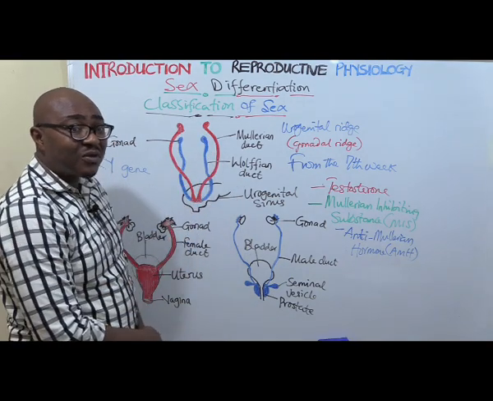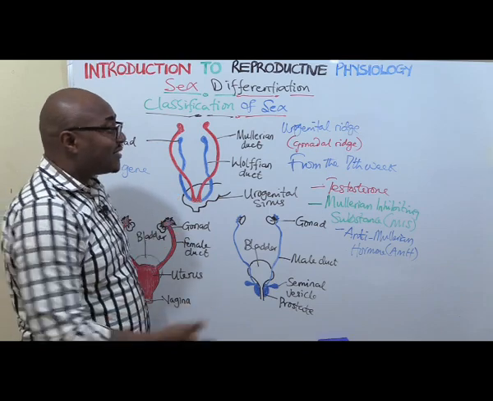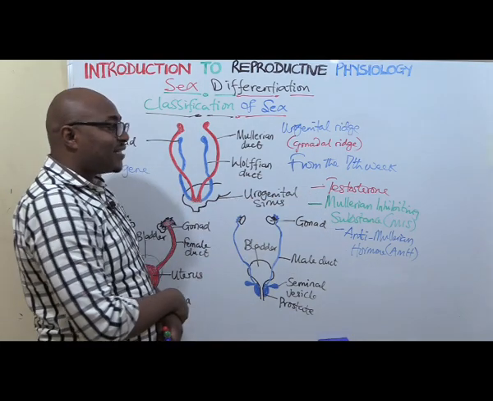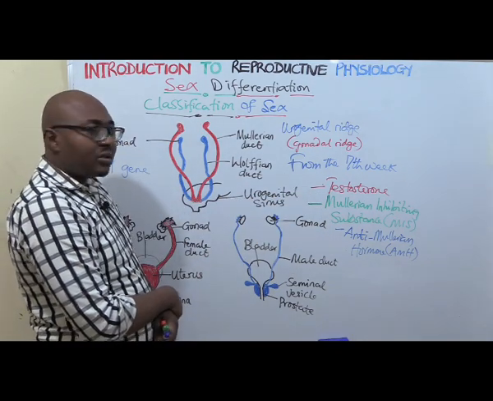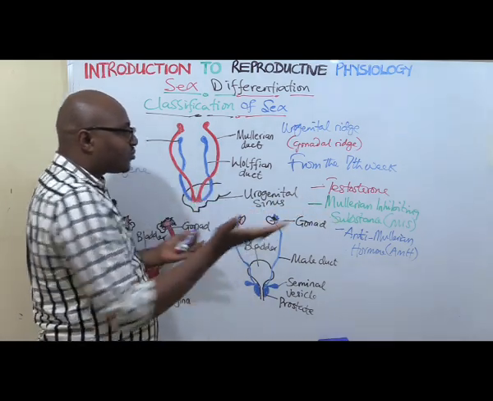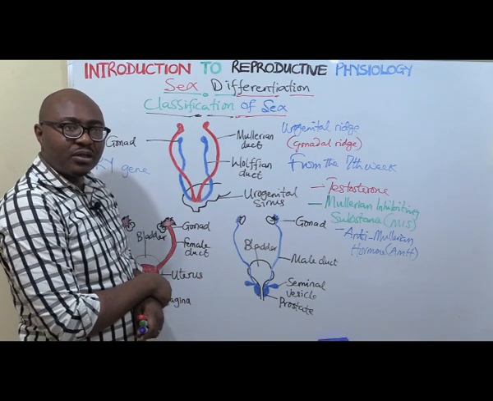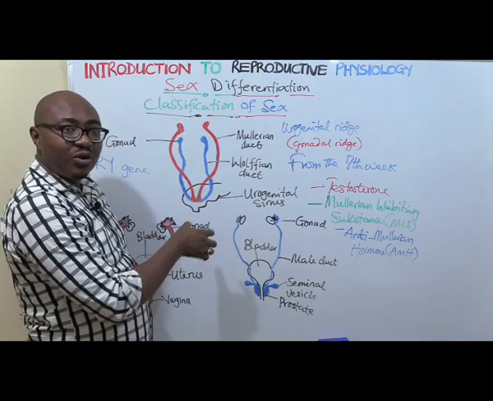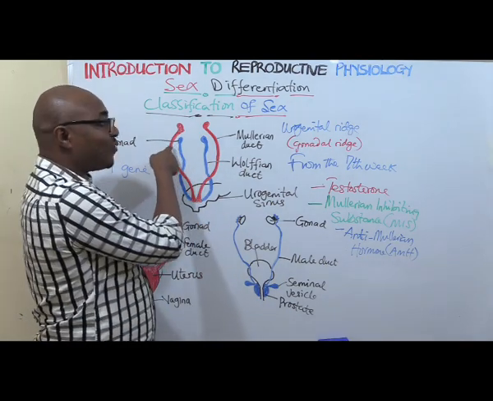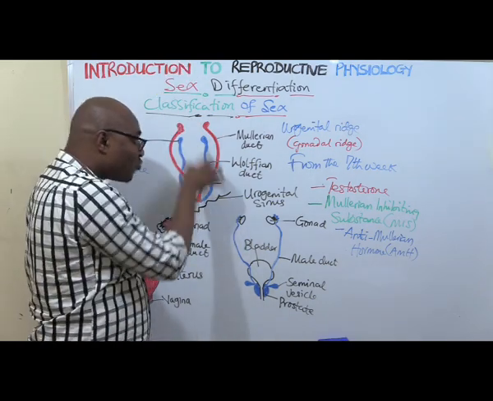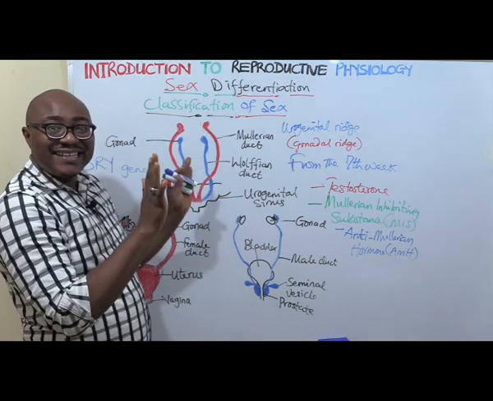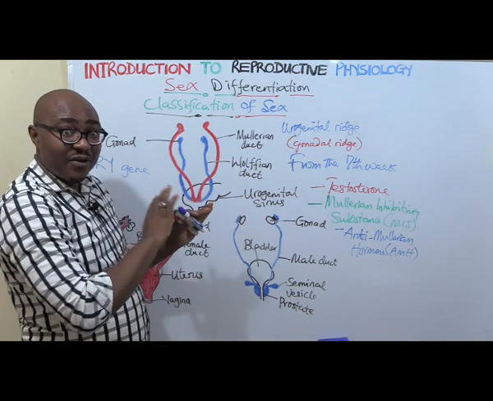Sometimes where it gets very tricky is that you can have testosterone promoting Wolffian duct, but maybe the testis is not secreting MIS. What do you think will happen? Both Wolffian duct will be developed, and there's nothing to inhibit the development of Mullerian. So you have both Wolffian and Mullerian duct. That's a developmental disorder.